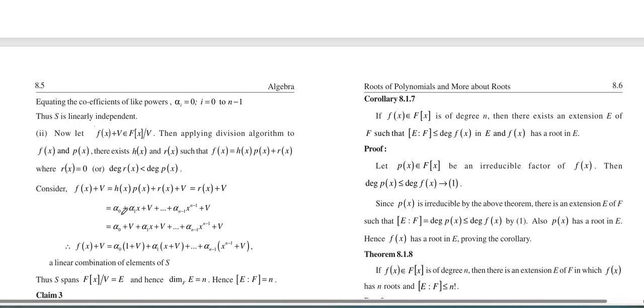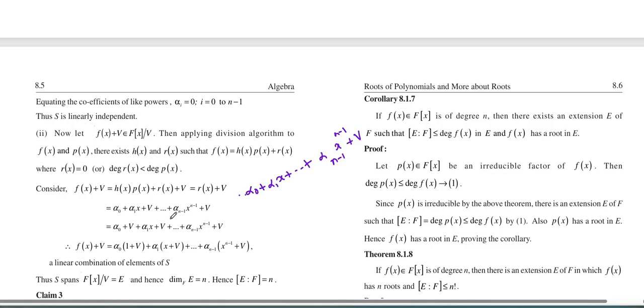So that is replaced by alpha naught plus alpha 1 x plus and so on, alpha n minus 1. In fact, we have skipped one step. You have your R of x to be of degree less than p of x, a polynomial alpha n minus 1 x power n minus 1 plus and so on.